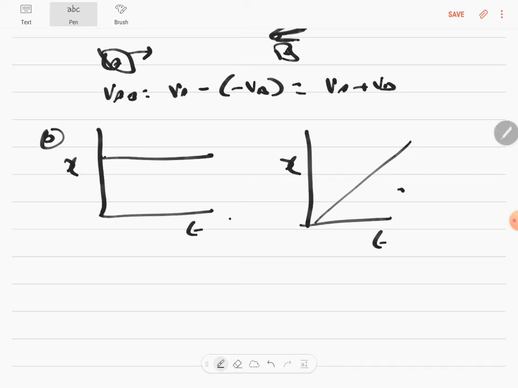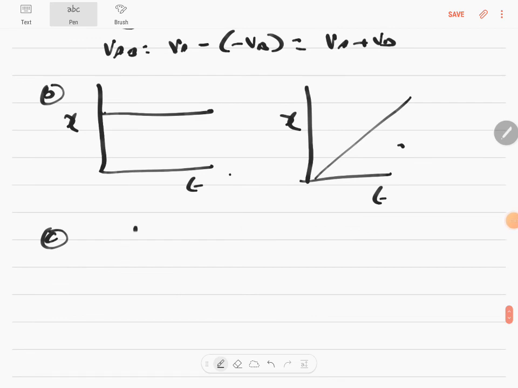Answer C, two parallel rail tracks run north to south. This is north and this is south.